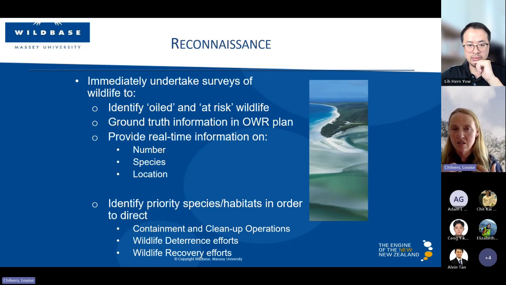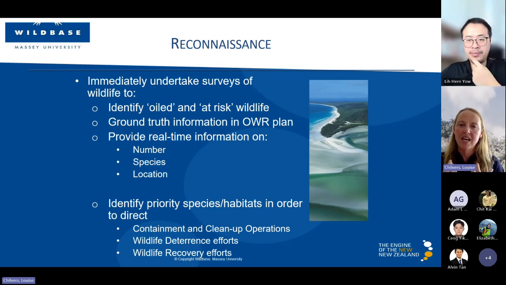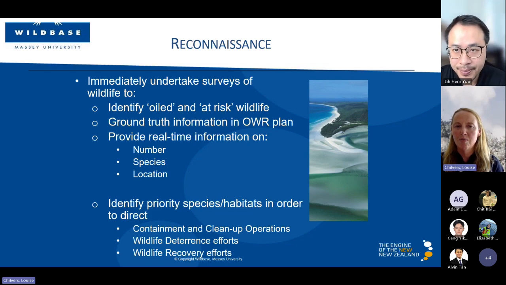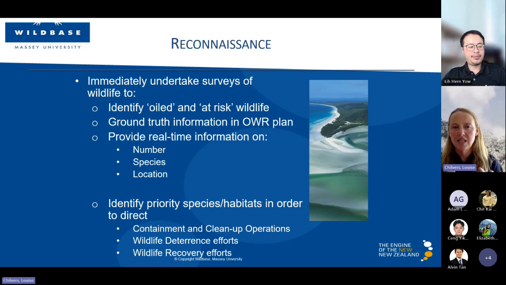And then to lead into the wildlife operations section of recovering those animals. And how do you recover animals without adding to the problem of the area? Recovering animals from mangrove areas, which is oiled, can be quite tricky because you don't then want to add to the impact of the oil by tramping the oil into mangroves, putting it into the mud systems and all of those sorts of things. So this is why those first two steps are really important, the reconnaissance and the monitoring sections.